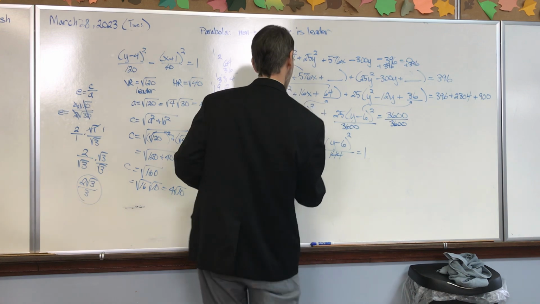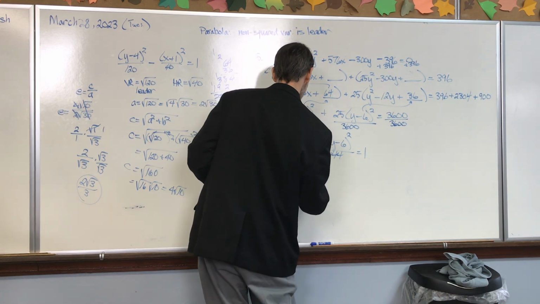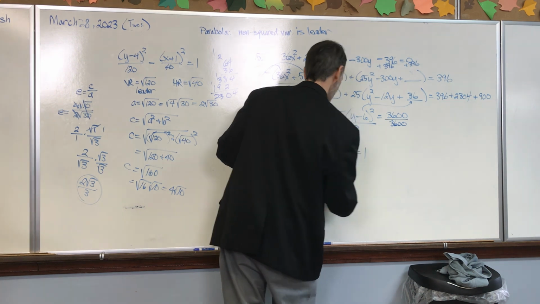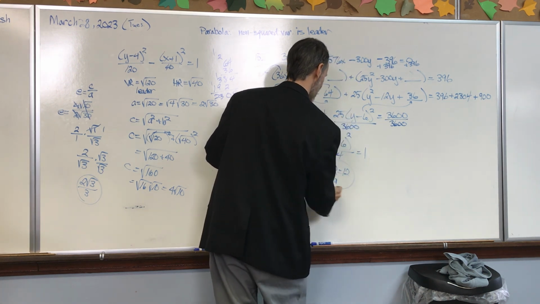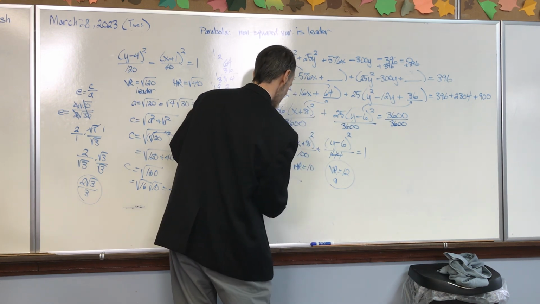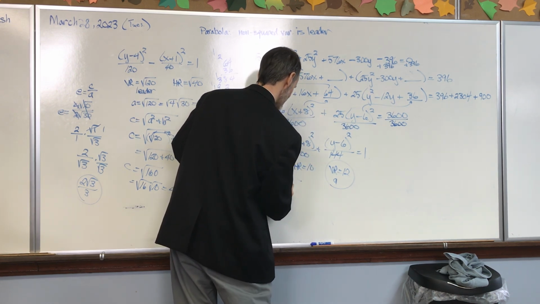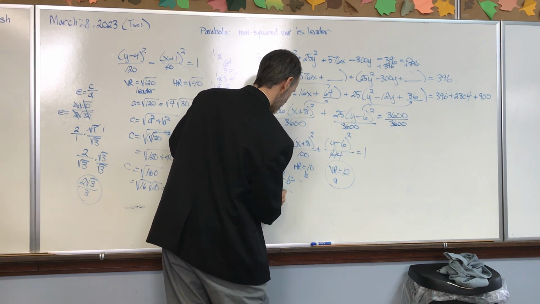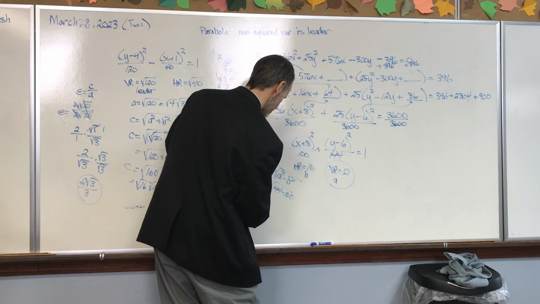So the horizontal radius is 10, the vertical radius is 12, and the vertical radius is A. And the focal distance is the square root of A squared minus B squared. So it's going to be radical 144 minus 100, so it's going to be radical 44.